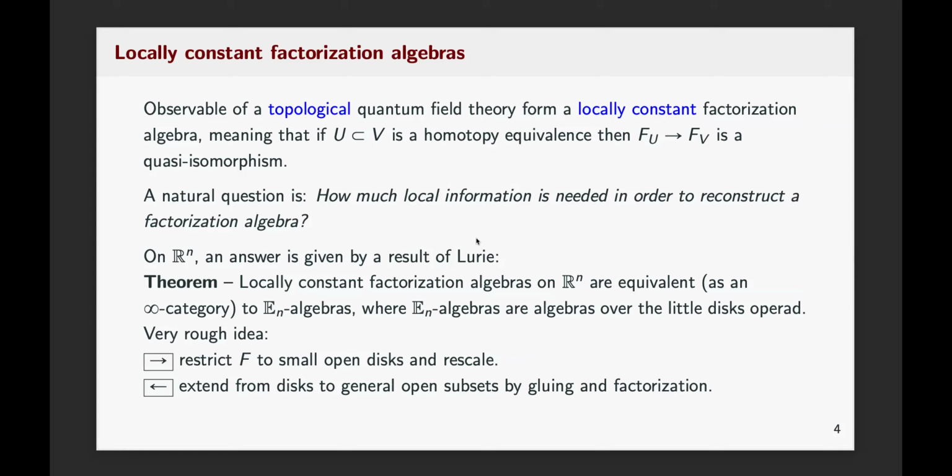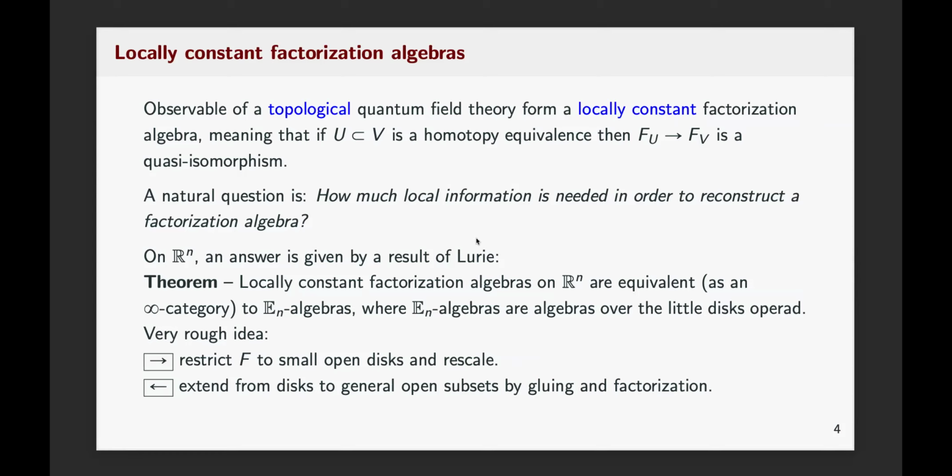So let me draw some picture to explain what, let's say, an E2 algebra is. An E2 algebra is, let's say, some cochain complex V. And for any configuration of disks in the unit disk, you would have an operation that goes from V tensor the number of disks you have to V. So in this case, V tensor 4.